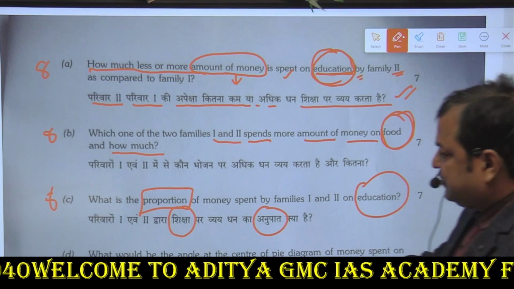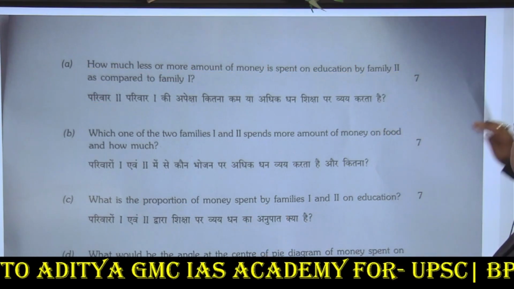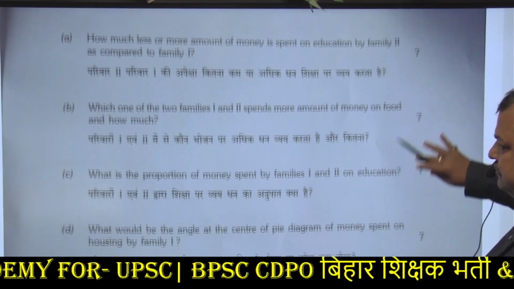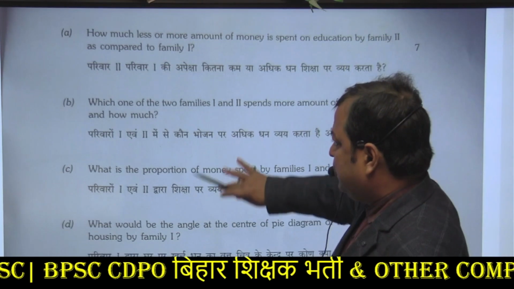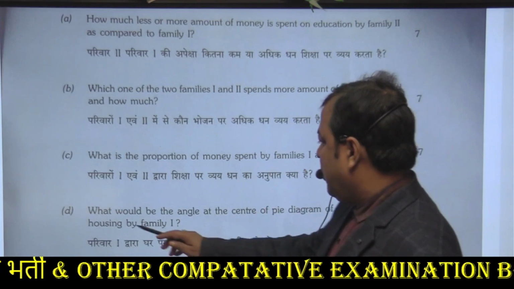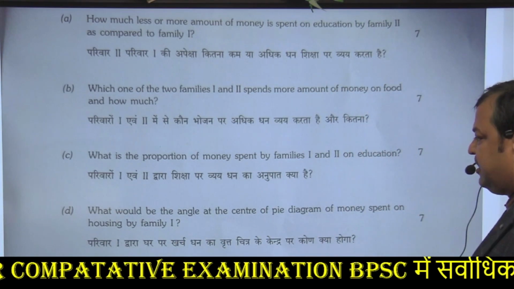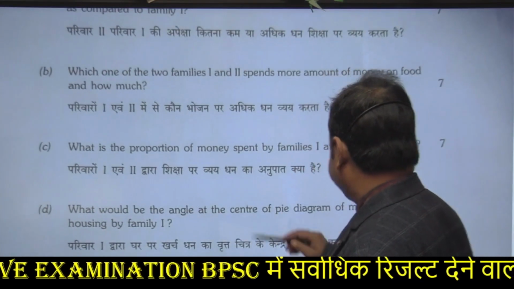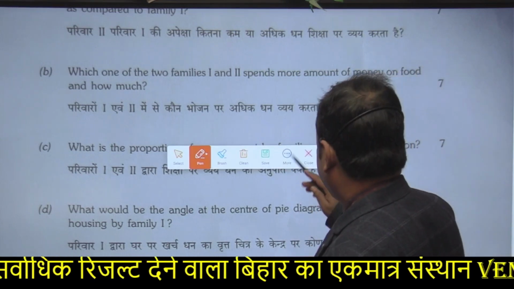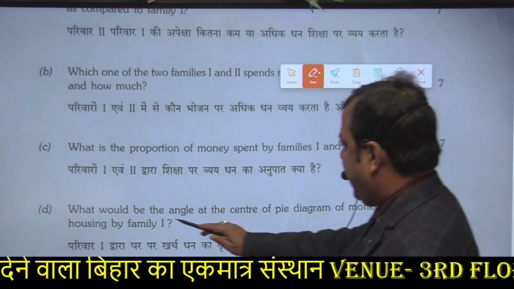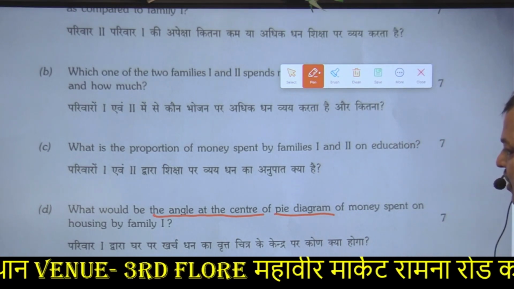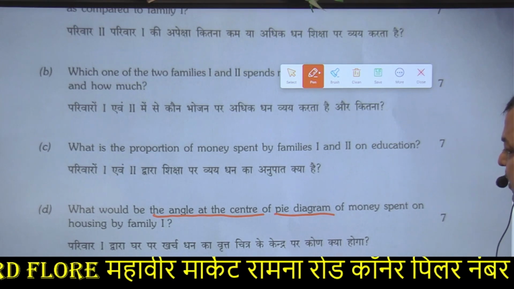Another part: what would be the angle at the center of the pie diagram for money spent on housing by family 1?